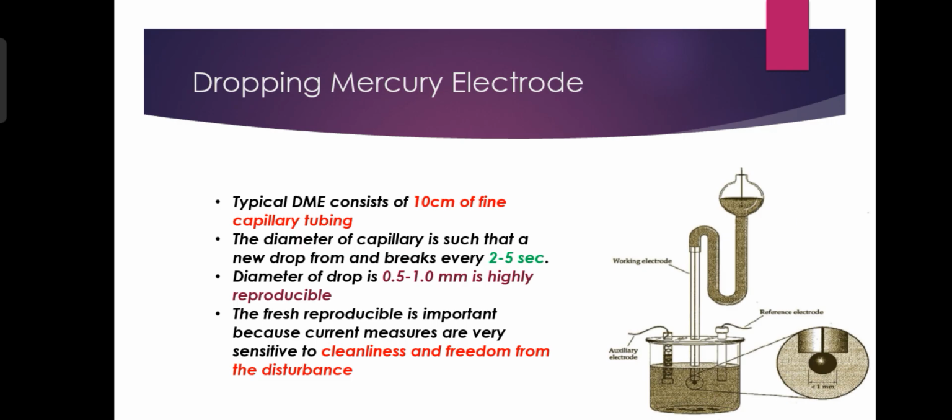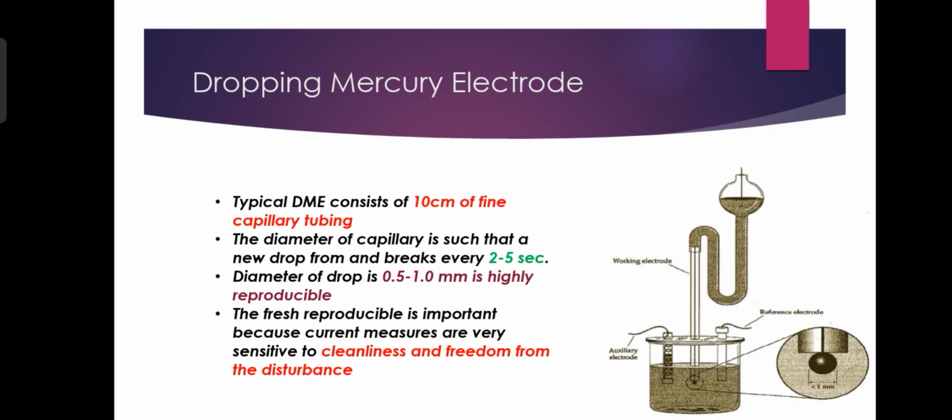Typically the dropping mercury electrode consists of 10 cm of fine capillary tubing, and the diameter should be maintained so that the time between each drop is 2 to 5 seconds, and the diameter of the drop should be 0.5 to 1.0 mm and highly reproducible. The fresh reproducible surface is important because the current measurements are very sensitive to cleanliness and freedom from disturbance.